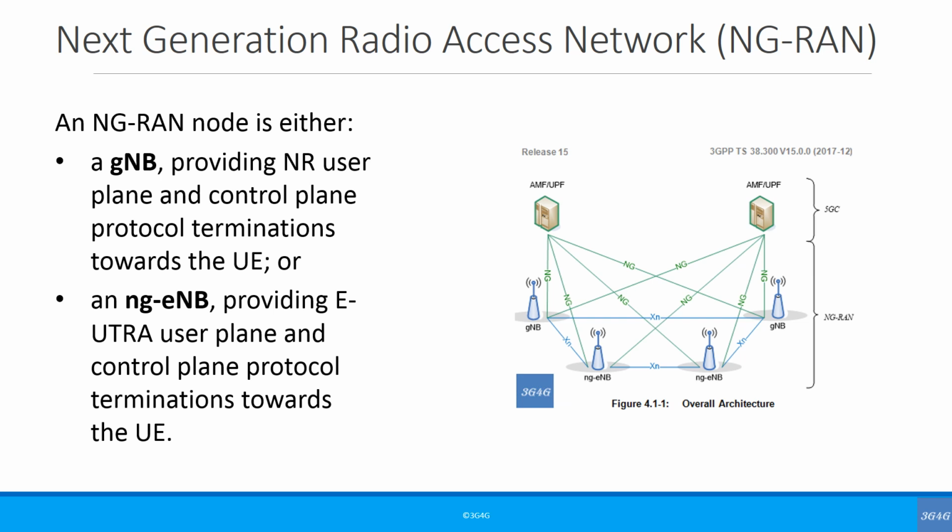Now, this is actually important and interesting to remember, because what 3GPP has done is, by evolving the eNodeB to ng-eNodeB, they have made LTE into 5G. So from release 15 onwards, LTE is also part of 5G.